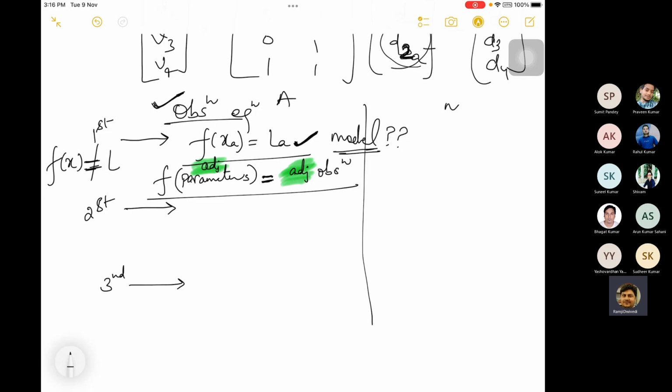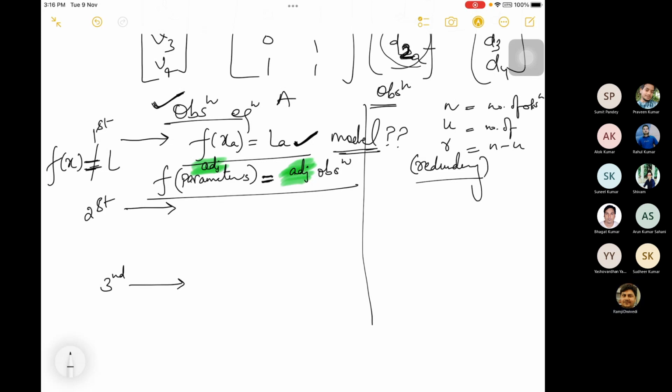Obviously, you have to parallelly think of n, u, r. R is for redundancy, which is n minus u for observation equation case. Anyways, n is number of observations. You read the problem, you try to fill in the number of parameters required.